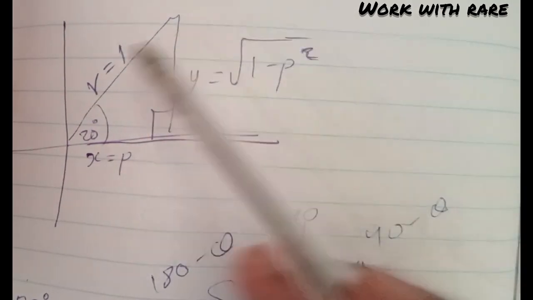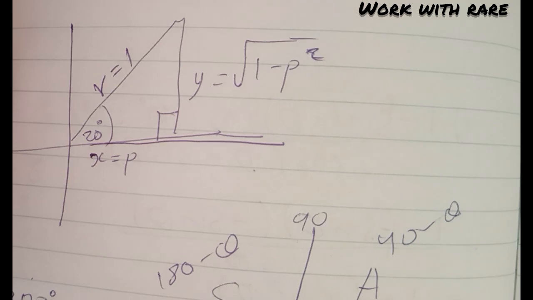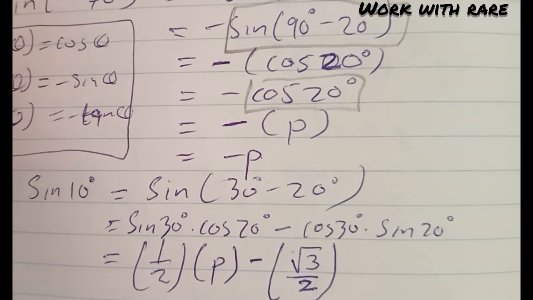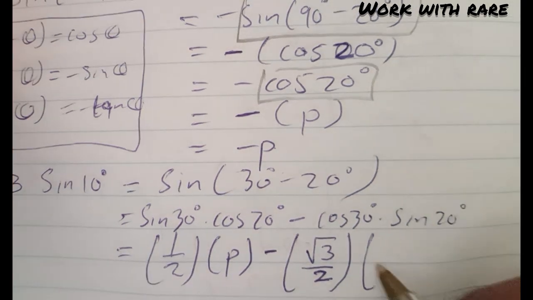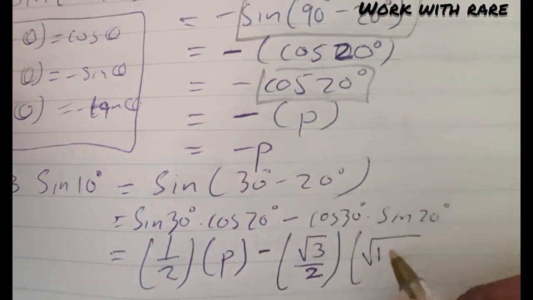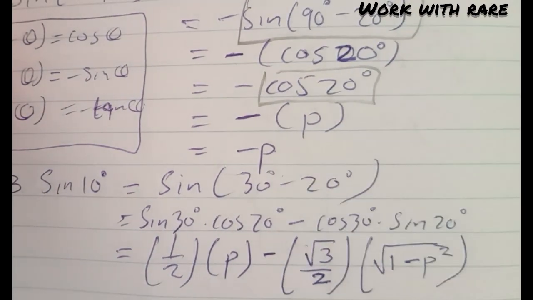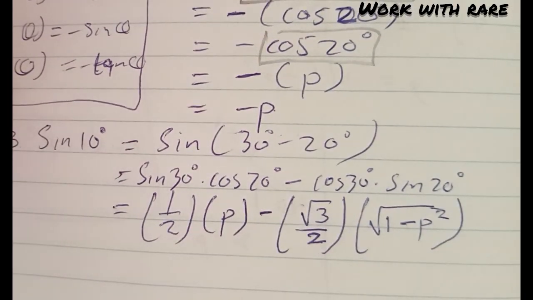So this divided by 1 is the same thing, because any number divided by 1 is the same number. So let's go to our question again. Here I'll have to write square root of 1 minus P squared, then I close my bracket. So you should be careful when you substitute. Make sure you substitute correctly.